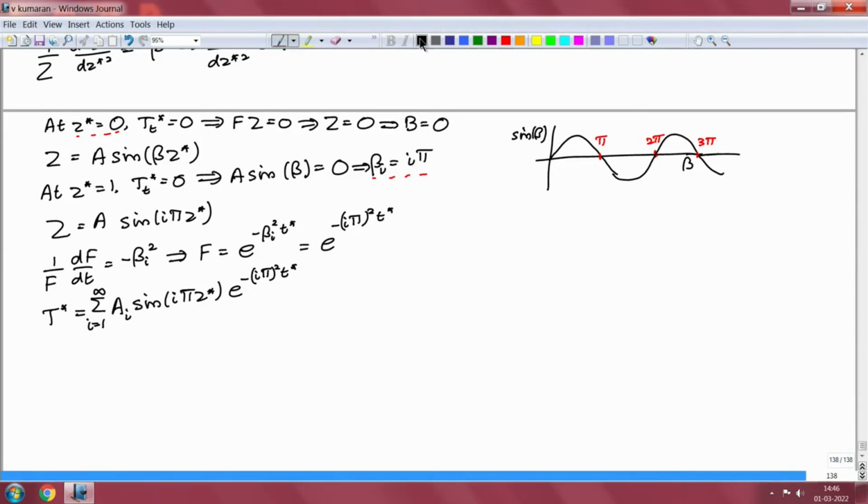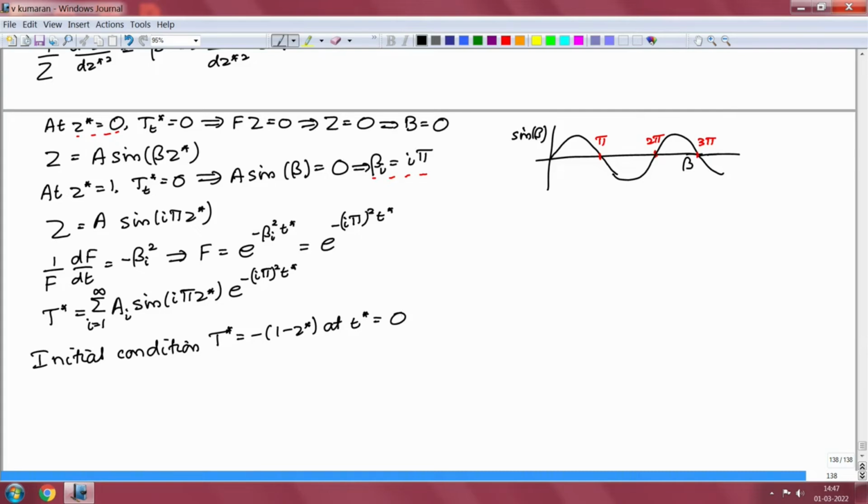What we have not yet satisfied is the initial condition, T star is equal to minus of 1 minus z star at t equal to 0. That initial condition we have not yet satisfied.